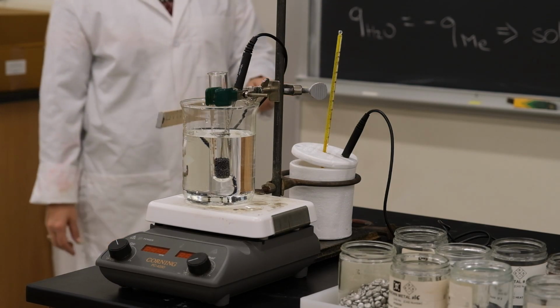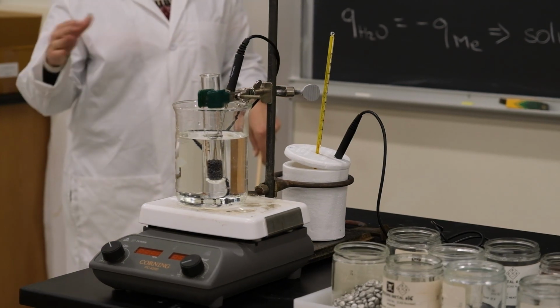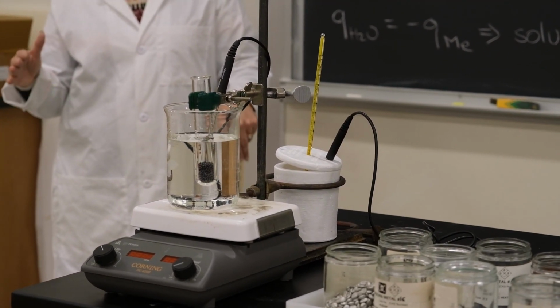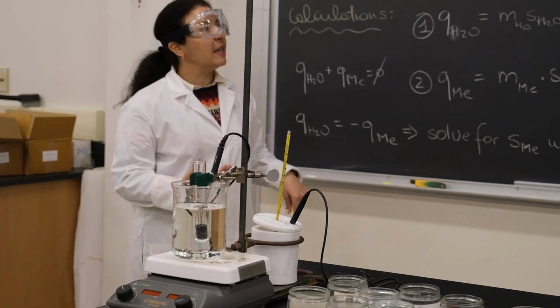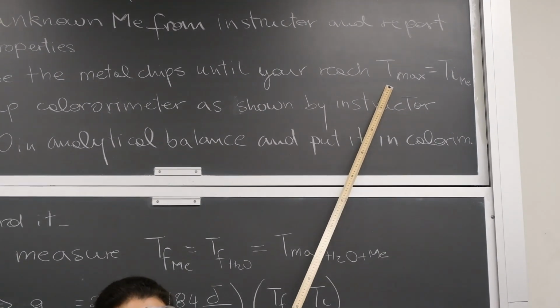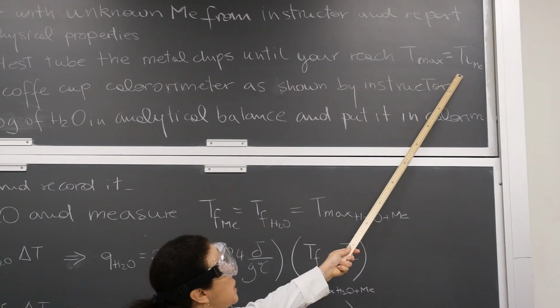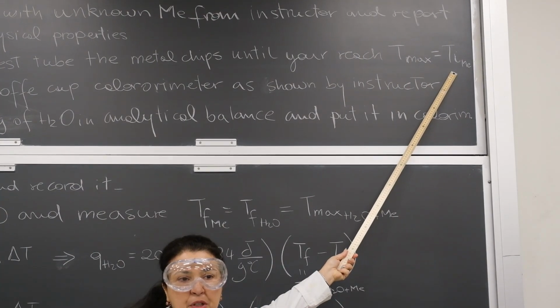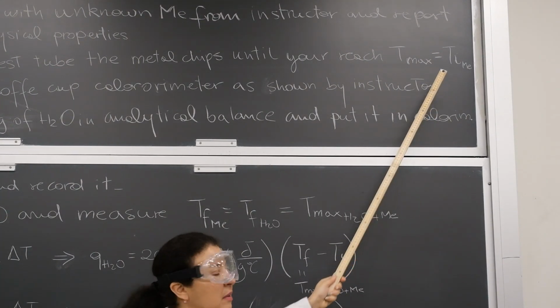So wait until the water boils and wait until the temperature stabilizes. You should read the T max, the maximum temperature that the sensor can reach, which is also going to be the initial temperature of the metal.